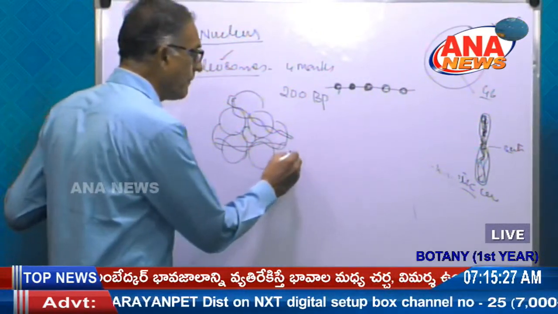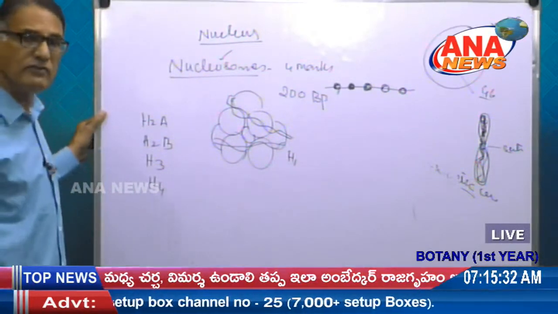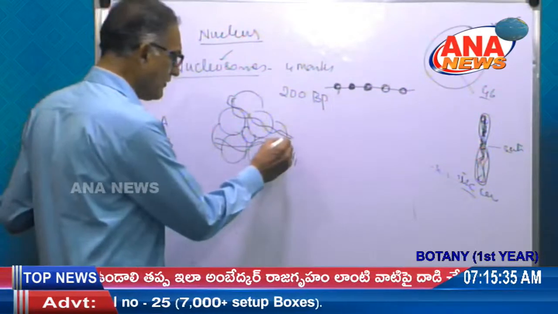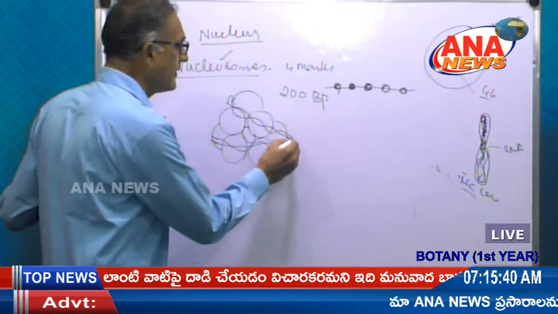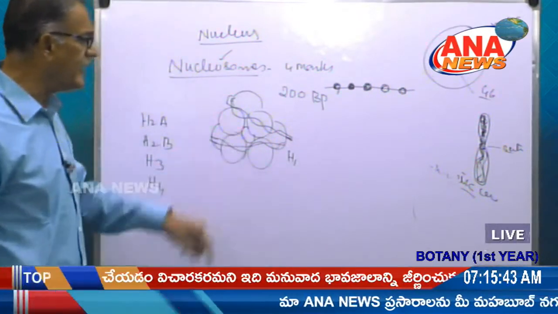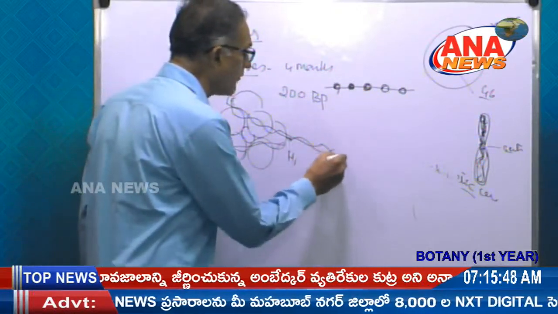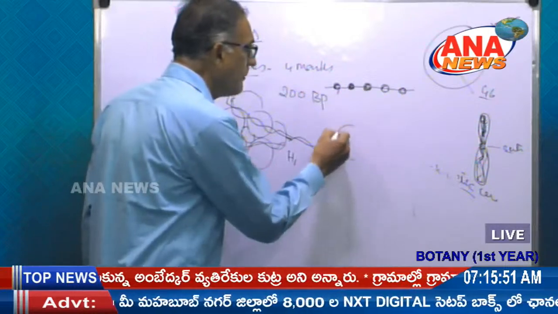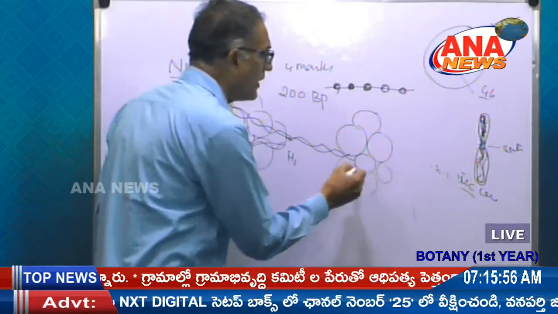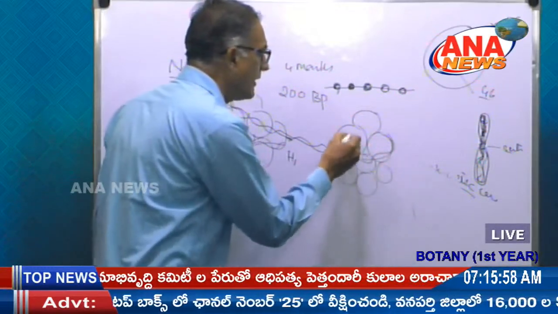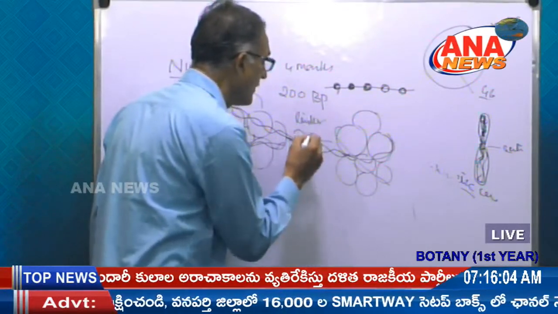The H1 histone protein is present outside the nucleosome and seals the DNA at the entry and exit with the octamer. The DNA which is present between 2 nucleosomes is called linker DNA.